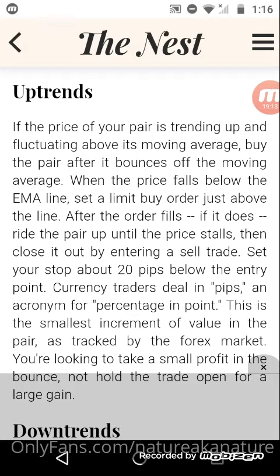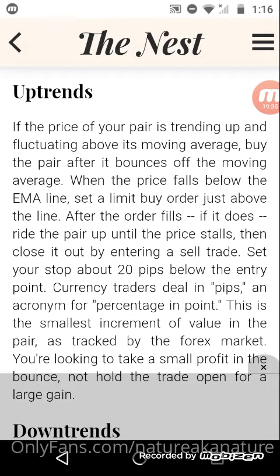In this case, when you ride the pair up until price starts to sell, then you will close out by entering a sell trade. It's starting to make a new trend, a downtrend. It's no longer going up.